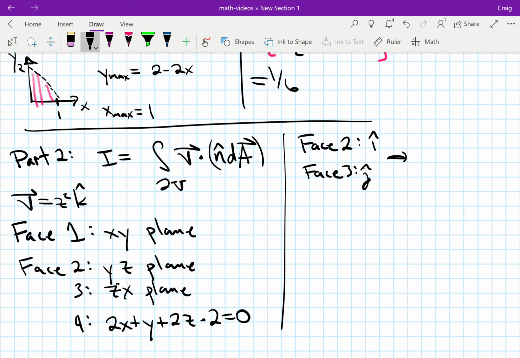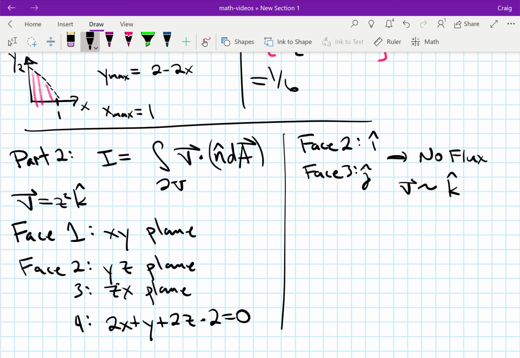So there's no flux from face 2 and face 3 because v is proportional to k hat. It points in the k hat direction. Okay, so there's absolutely no flux. The vector field points in the plane of face 2 and face 3.